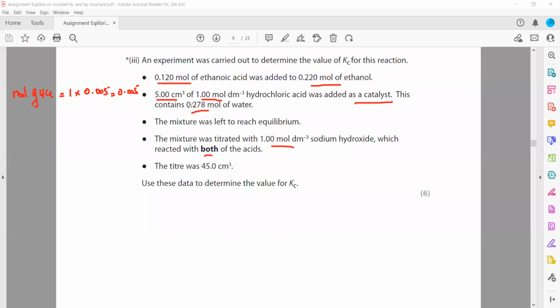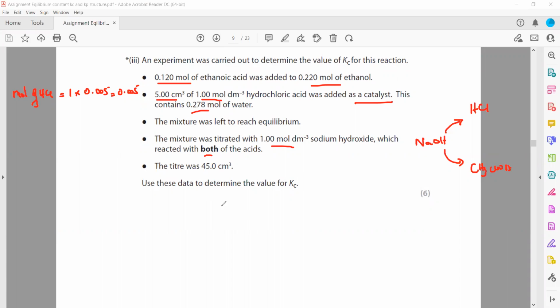So the moles of HCl are 0.005. Next, how many moles of sodium hydroxide were added? These sodium hydroxide moles reacted with hydrochloric acid and with ethanoic acid, both of them, and that will give the moles of ethanoic acid at equilibrium.